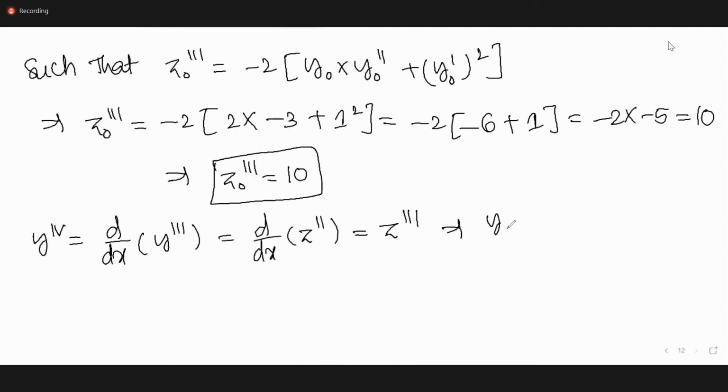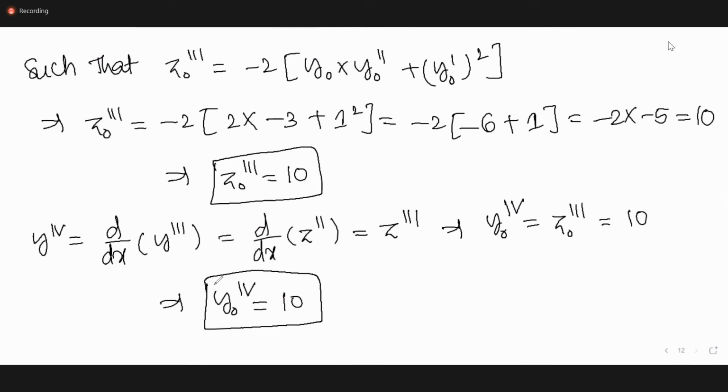So y naught fourth derivative is equal to z naught triple dash, that is 10. So y naught fourth derivative is equal to 10, where y fourth derivative is equal to z triple derivative.